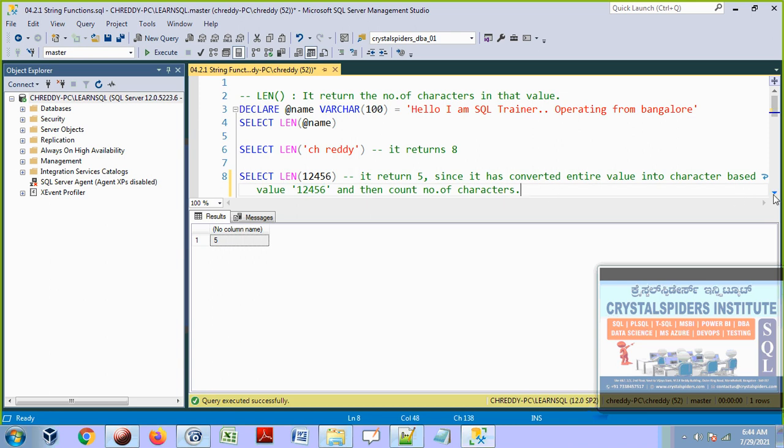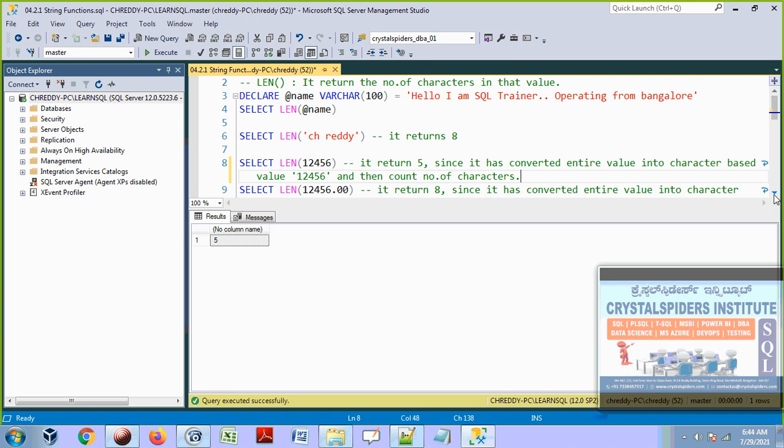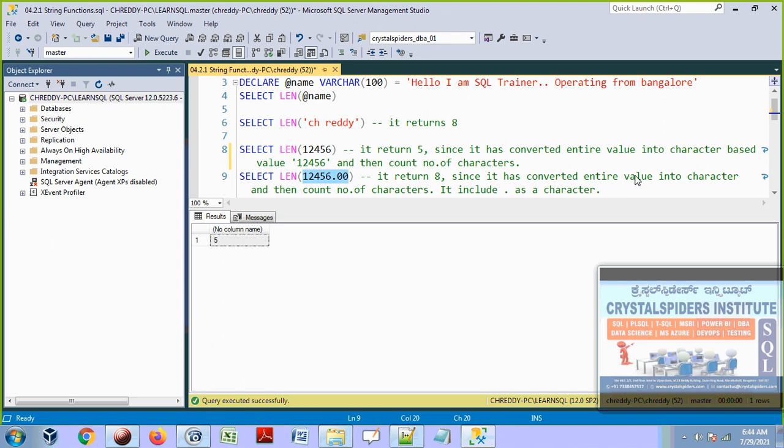So let's see the proof for this. Suppose I give the number like this, 12456.00. Now this entire value is converted into character-based value like this, and then it counts the number of characters.